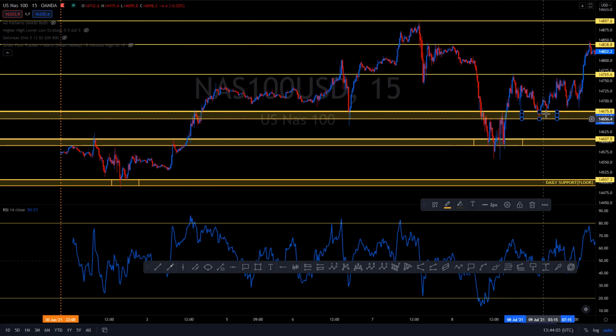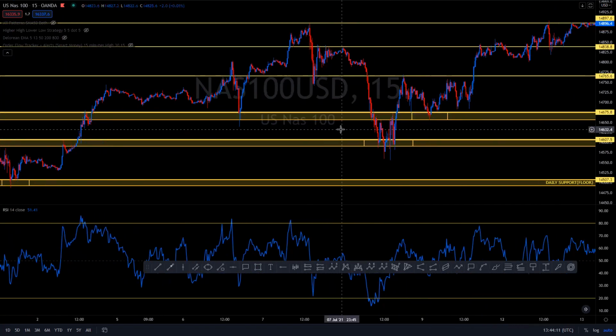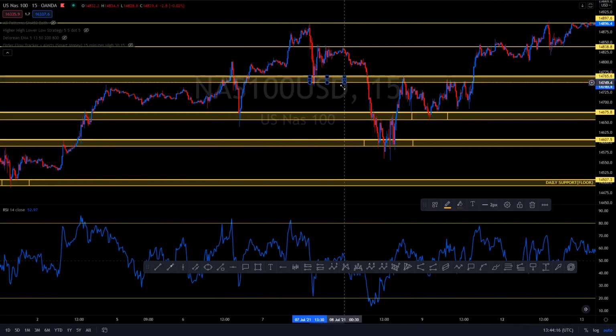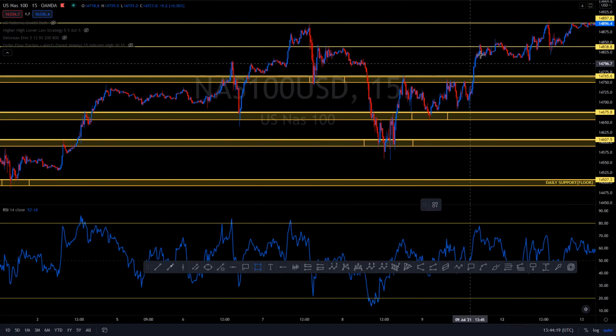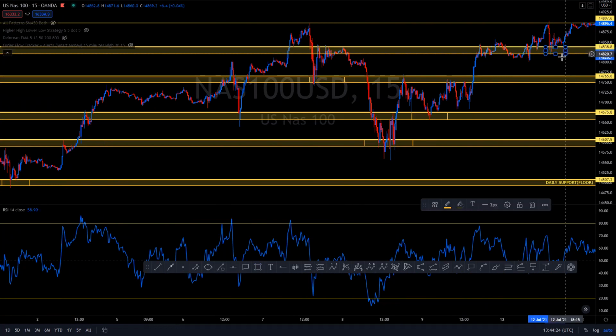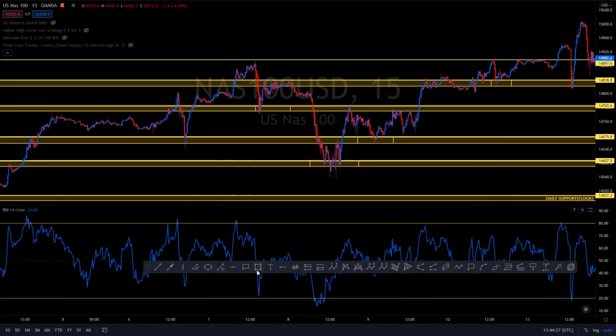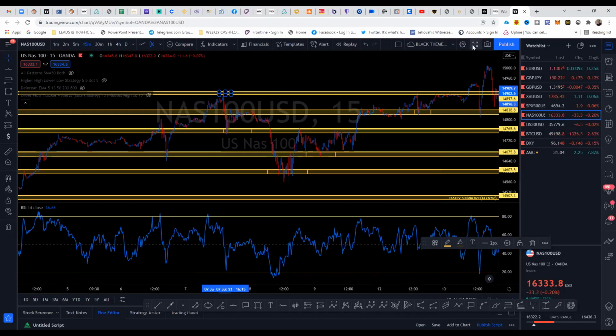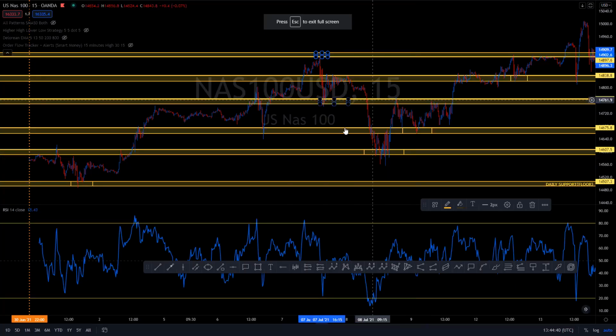So I'm just doing this off of the body of the candle all the way down to the wick. All right. So I marked up all of these so far for the 30 minutes.